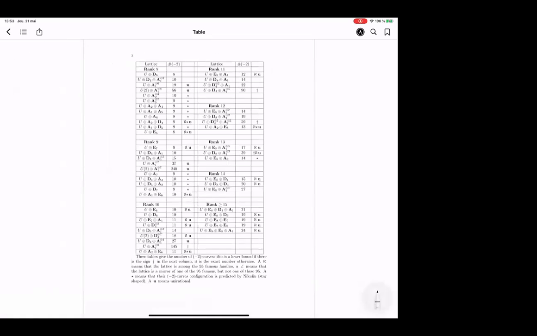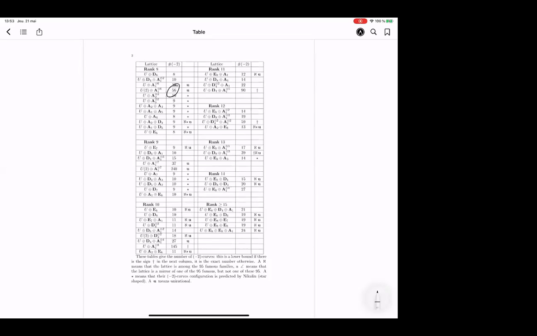Now in higher rank, here is an example with 66. For all of these cases, I can describe the intersection matrix, the dual graph of the -2 curves.